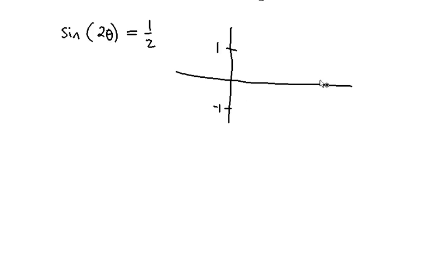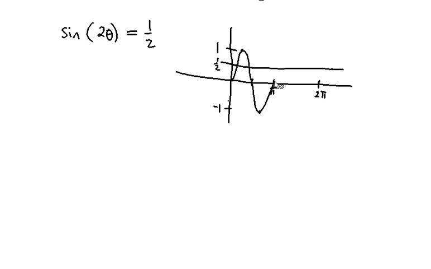I want it to be 2 pi. I want to find all the times from 0 to 2 pi that it's going to be equal to 1/2. I want to find where the sine graph is going to hit that line. Because my period has been changed to pi, it's going to be going up from here to here. So it's going to do something like this.